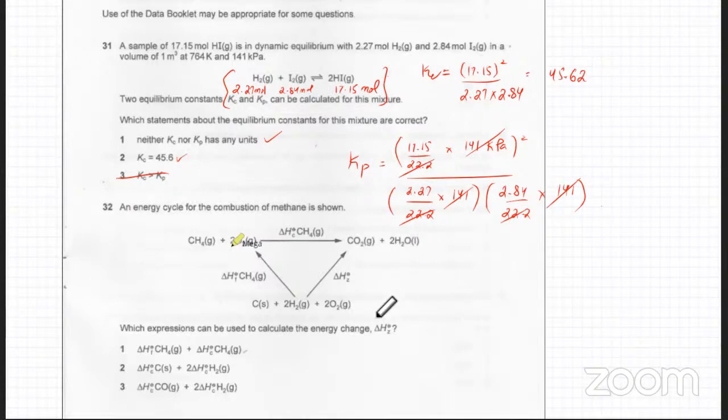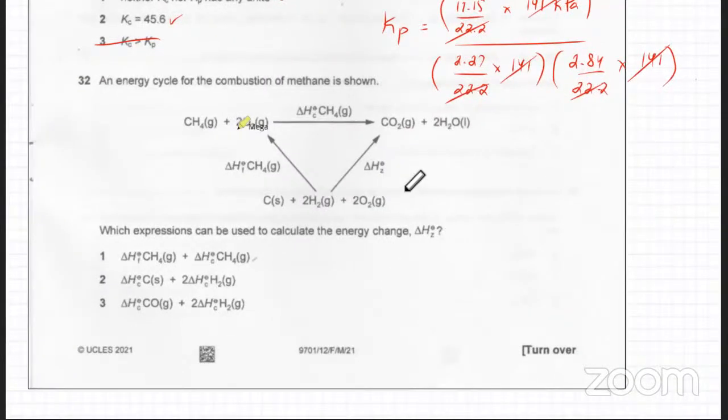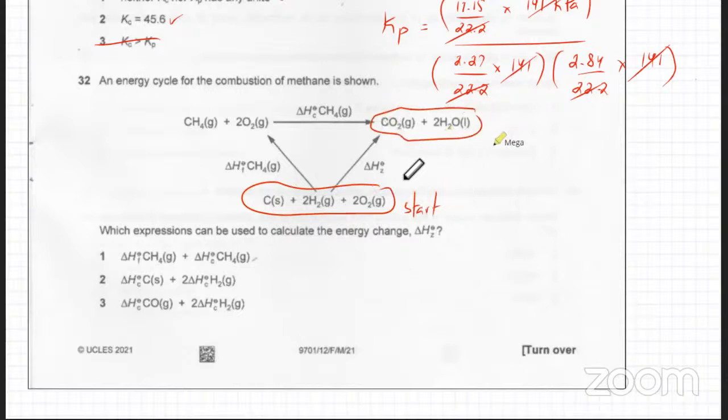As for this one, an energy cycle is given, which expression can be used to calculate the energy change delta Hz? So what is delta Hz? One path: you're starting at this point. This is your start, and you have to reach this point. That's your end.